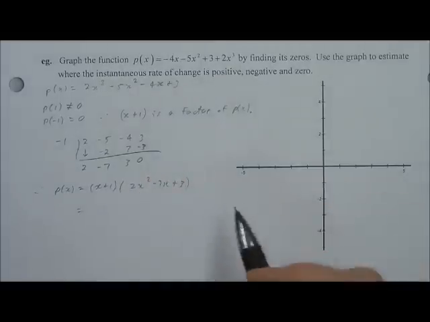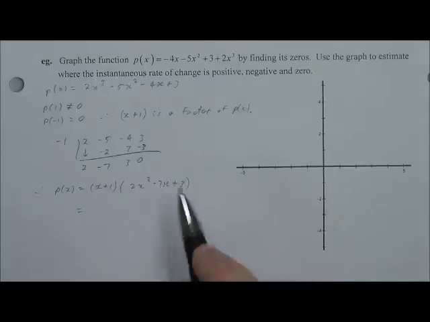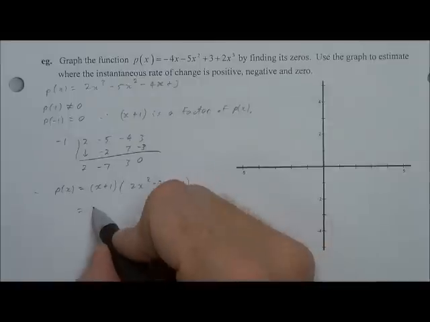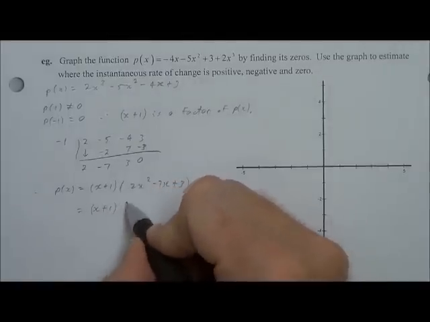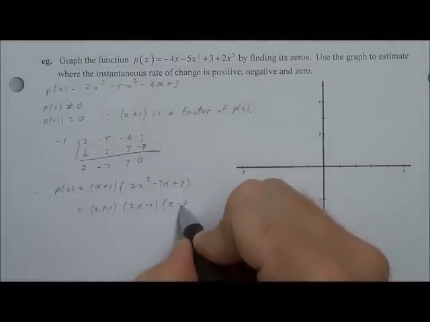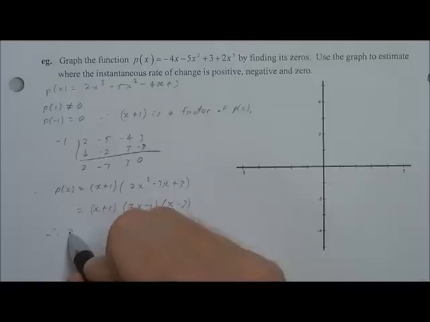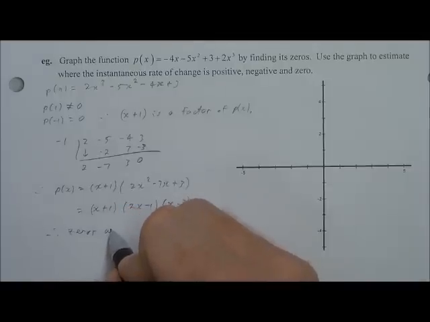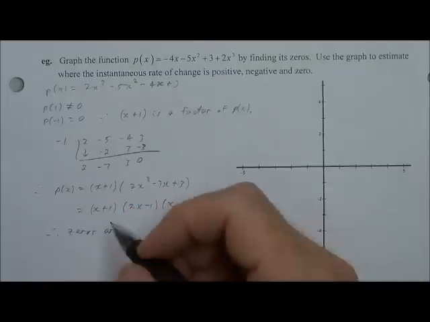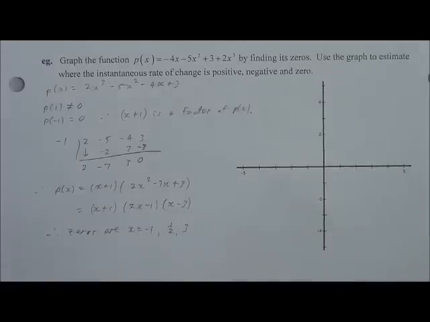And then either by decomposition or by the sum of cross products we can factor this. So therefore the zeros are x equals negative 1, a half, and 3.